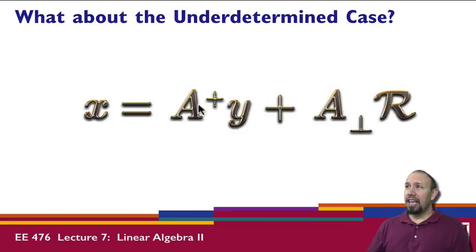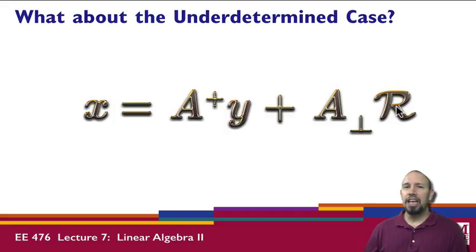Since r can be anything, this parameterizes an infinite number of solutions. That is, r is the parameter. For a different r, I'll get a different solution. And every solution that satisfies this solves that linear algebra problem, Ax equals y. Regardless of what r is, it's a solution.